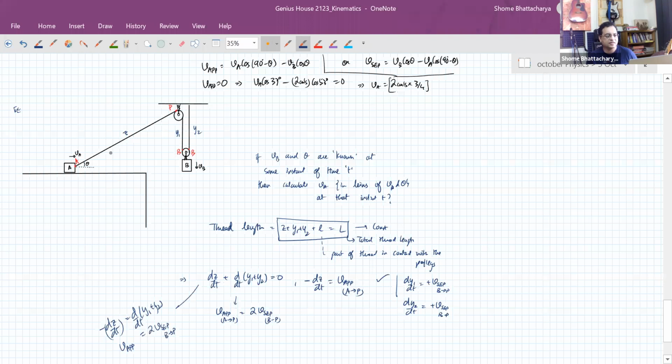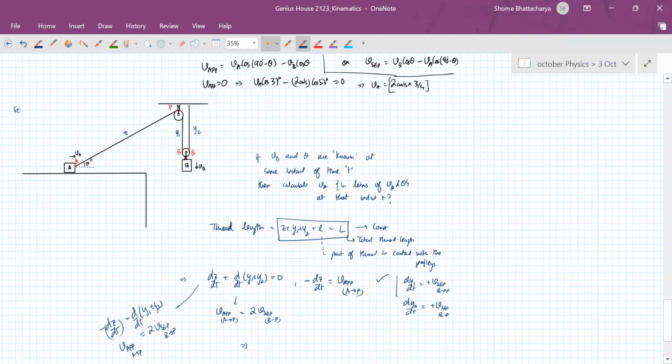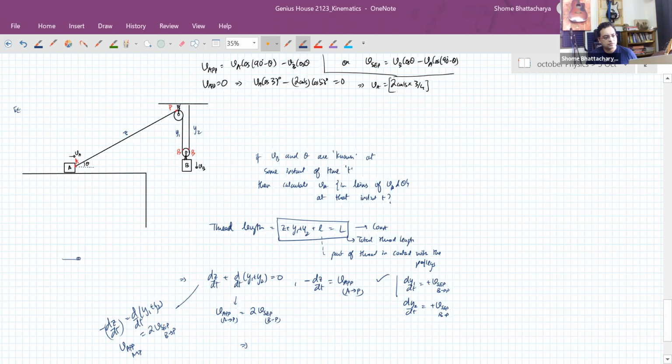So whatever the thread length is decreasing for Z, Y1 and Y2 increase by that much cumulatively. So that is the whole concept here. Got it now? So you can see now this is very simple. What is the approach velocity of A towards P? Now A is a point that is moving like this. This is VA, and P is a fixed point over here.